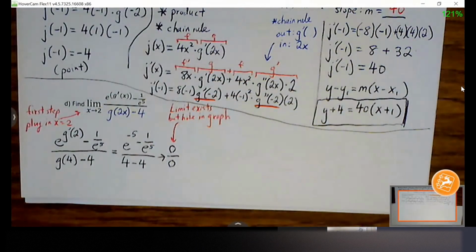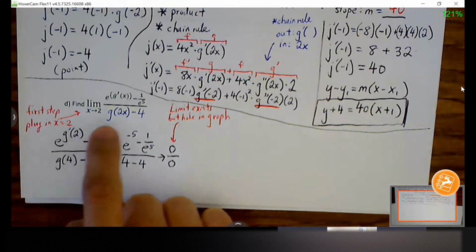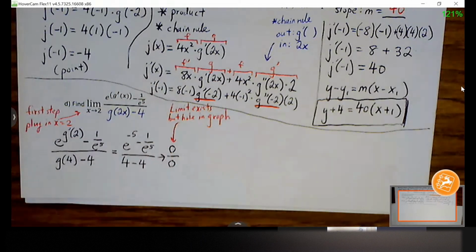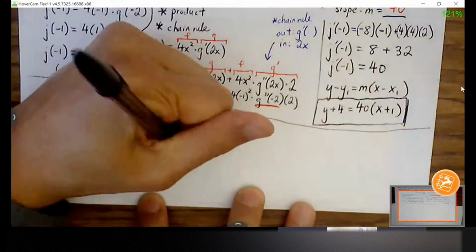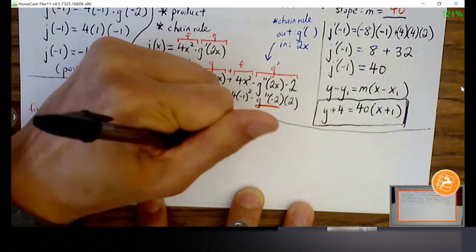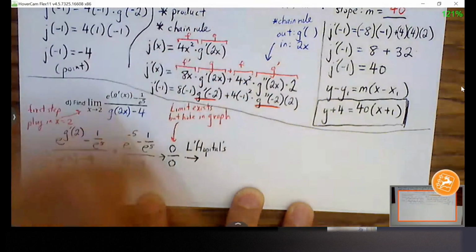So what special method can we use to handle this 0 over 0? This is not something that we can factor, not something that we can really cancel out. Would you use L'Hopital's rule? Yeah.